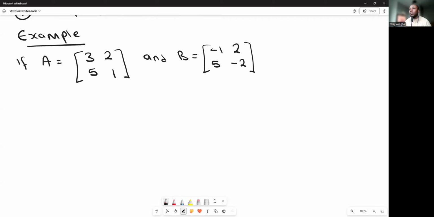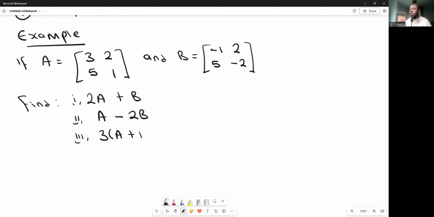Now we're told to find the following. Number 1, find 2A plus B. Number 2, find A minus 2B. Number 3, find 3 into bracket A plus B, all right?